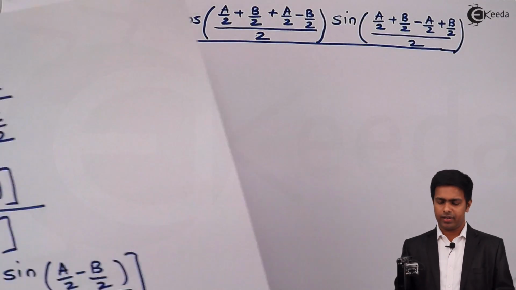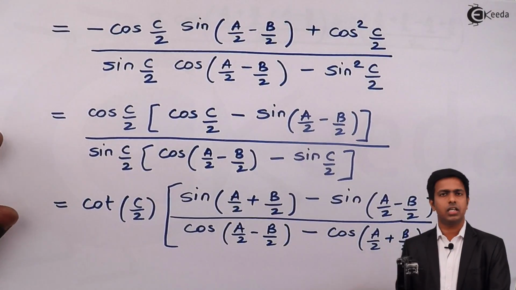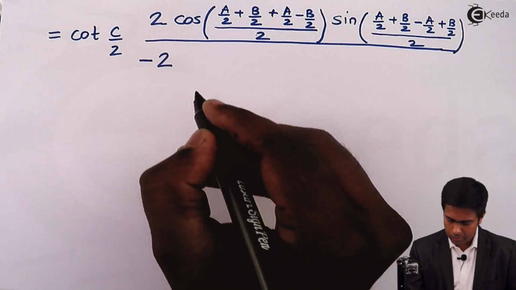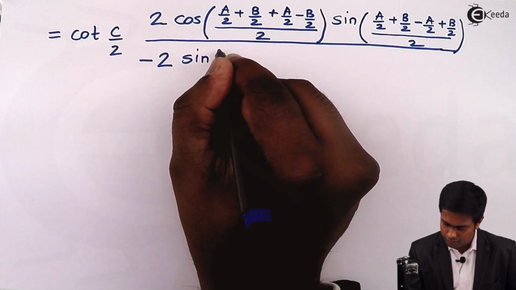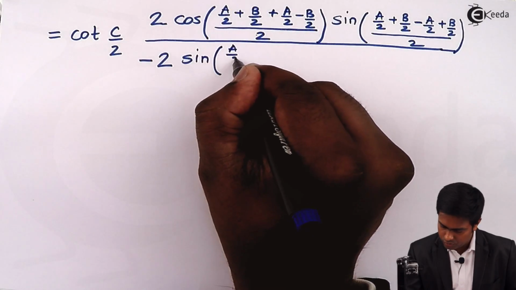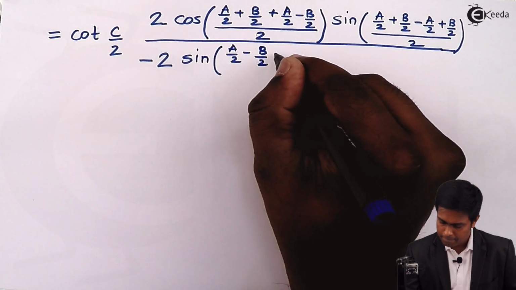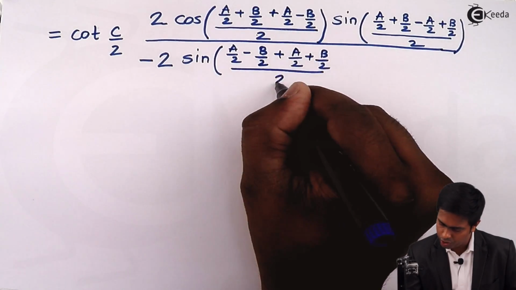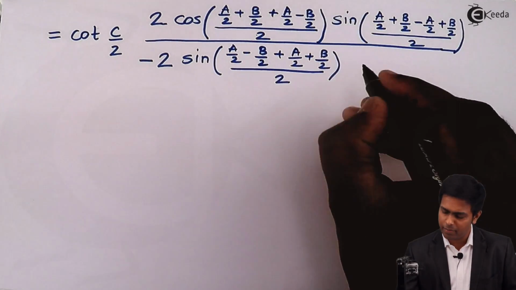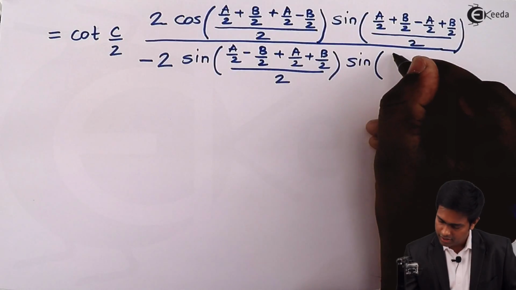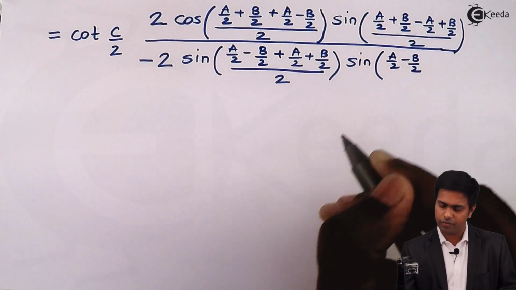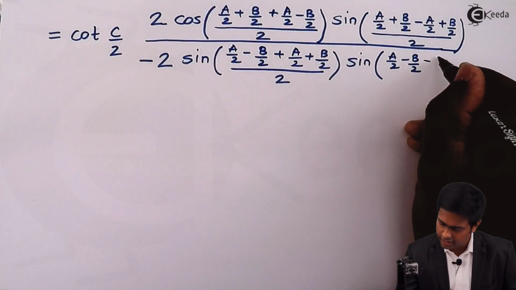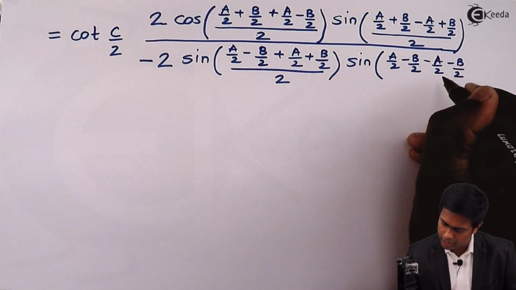Now let's come to the denominator. Here we have cos C minus cos D factorization formula. So it will be minus 2 sin of (A/2 - B/2 + A/2 + B/2) whole upon 2, and the second term is sin of (A/2 - B/2), which is the first angle, minus the second angle, that is (A/2 + B/2), whole upon 2.